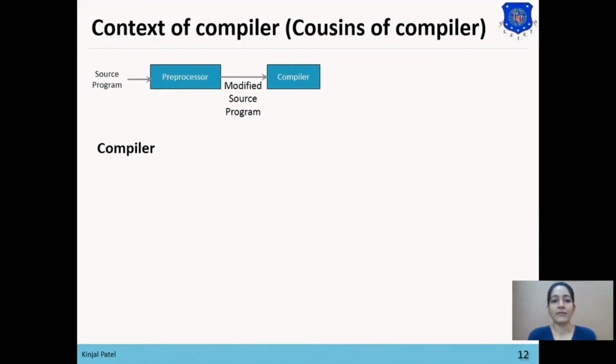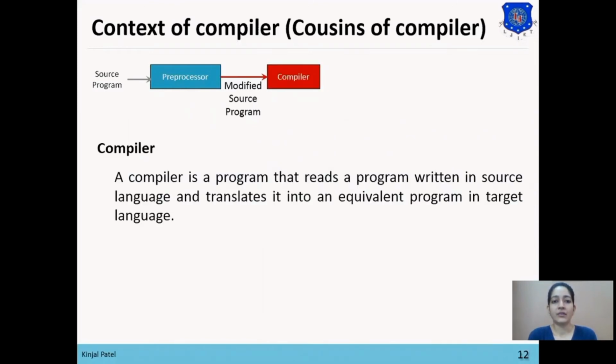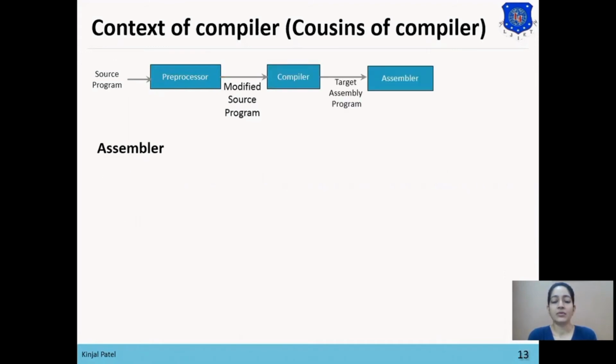So then this modified source program will be passed to the compiler, and the compiler will convert it into the target program. Our target program will be assembly language, which is a lower level language.